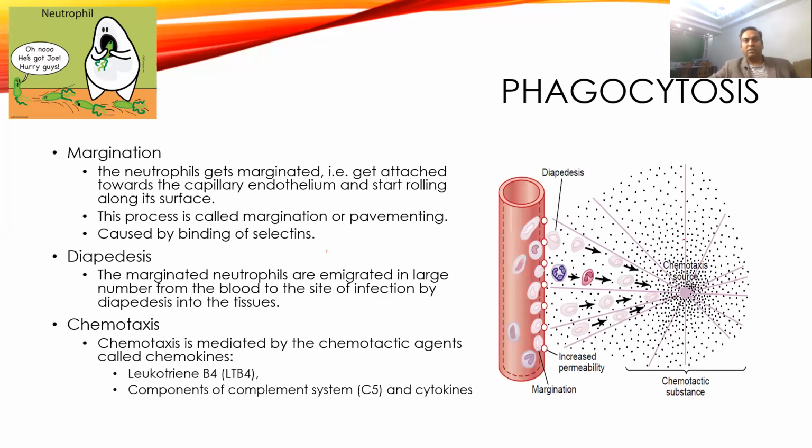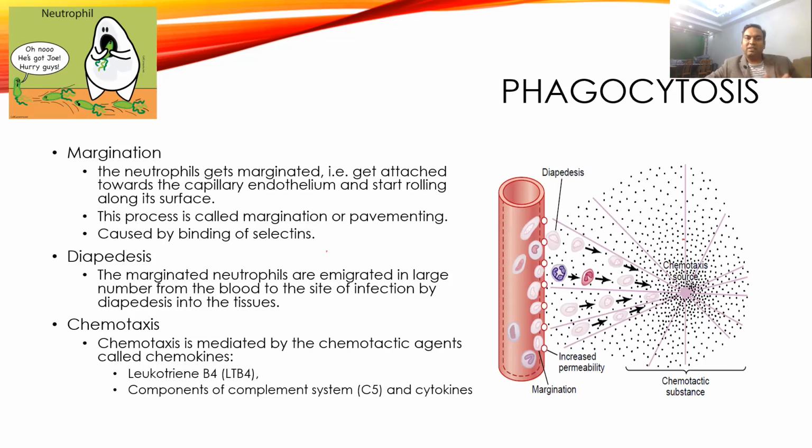Then come to phagocytosis. Phagocytosis is a process where bacteria or a foreign organism gets engulfed by the immune cells, which try to kill it. So start with the different steps. First is margination.